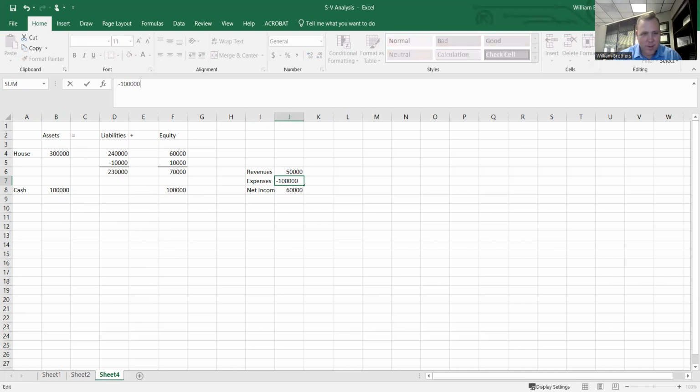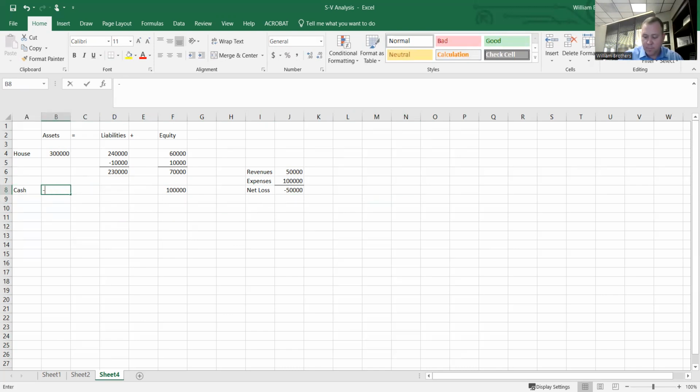Don't forget your zeros. In that situation, I had a net loss, which would mean that my cash is actually negative, or alternatively, I might have had a claim against that asset.